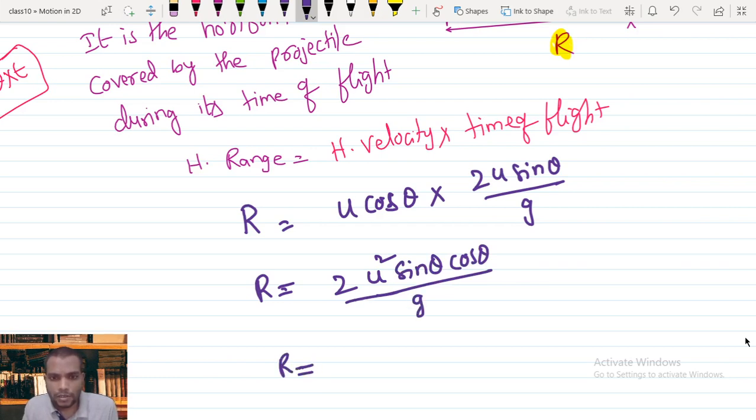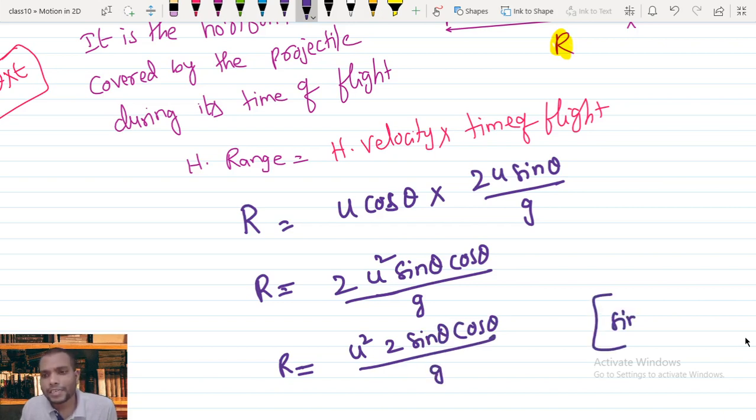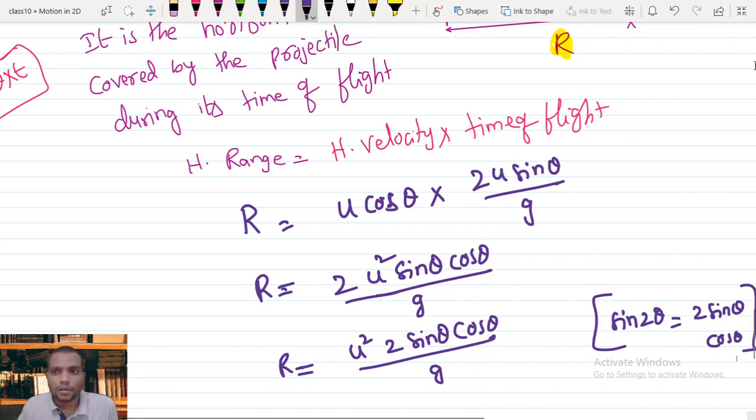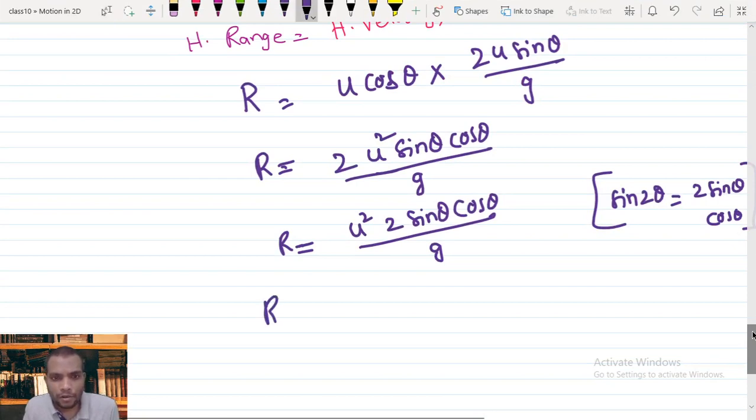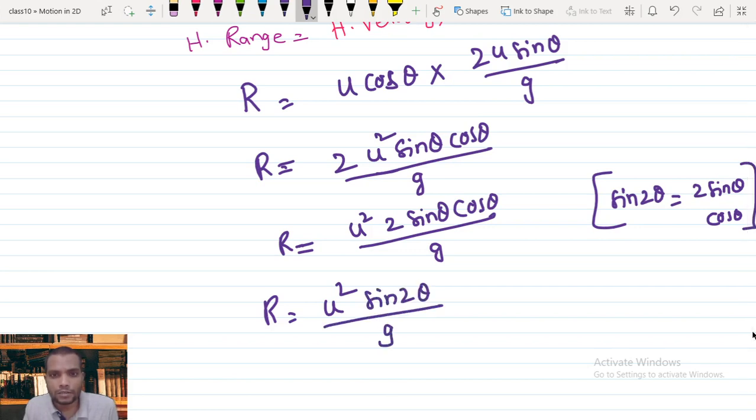We can use one of the trigonometric identities here. I can write u square first, then 2 sin theta cos theta upon g. In trigonometry we have the formula sin 2 theta equals 2 sin theta cos theta. We will use this trig identity to shrink the formula, and now the formula becomes much shorter: u square sin 2 theta upon g.